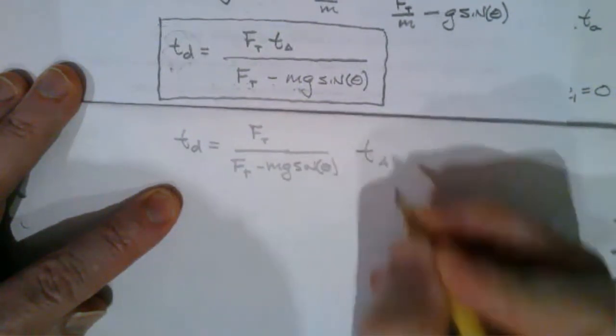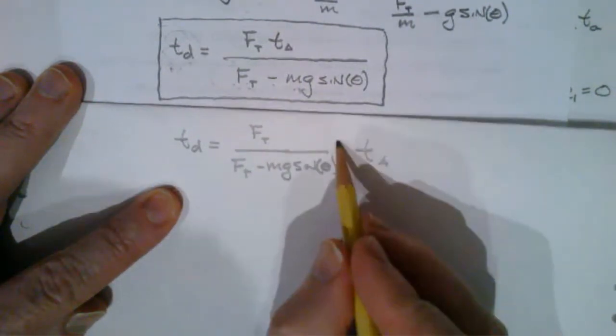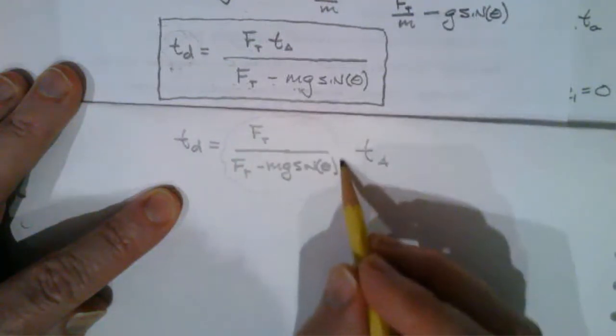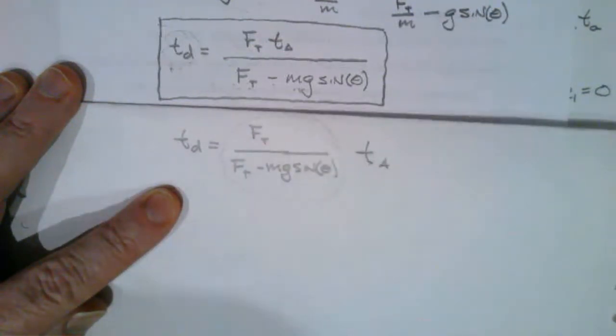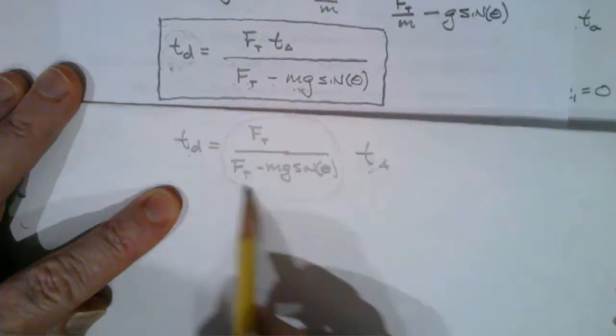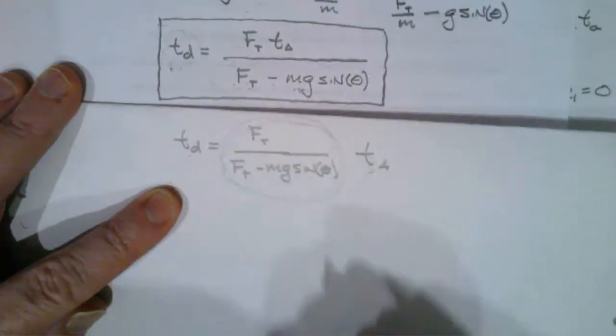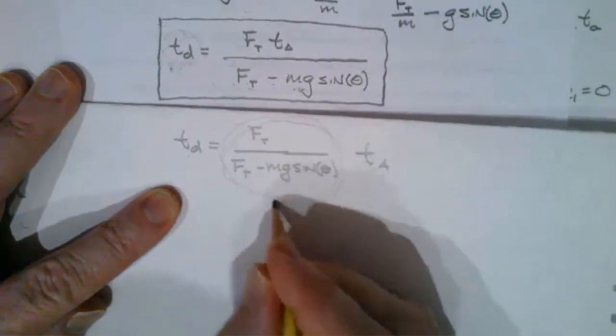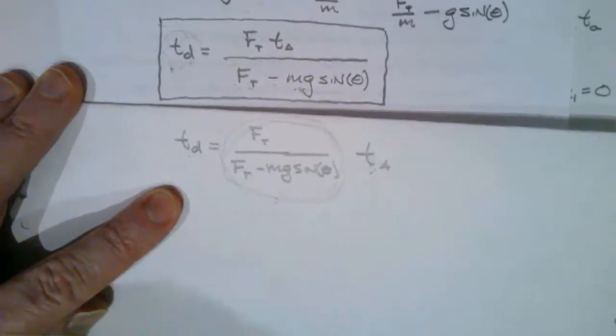Times TA. I'm going to stick the TA out here, right? So I've got some fraction, if you will, times TA. Well, TD is going to be bigger than TA if this number right here that I have circled is bigger than 1. I need this to be bigger than 1, right? Well, is it bigger than 1?